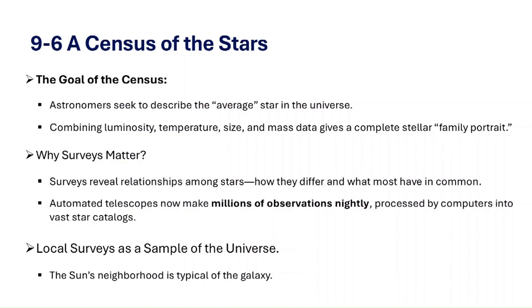So even though we only see a small part of space, it gives a realistic picture of what most stars in the universe are like. So to sum up, the stellar census tells us that stars come in many varieties, but our sun is quite typical, an ordinary star in a very ordinary neighborhood.